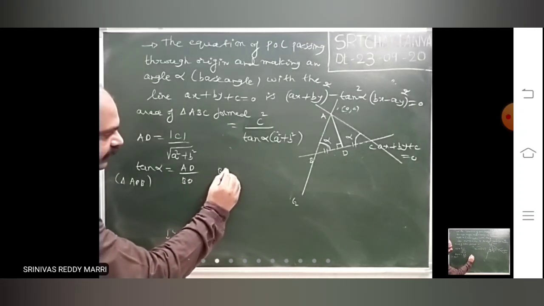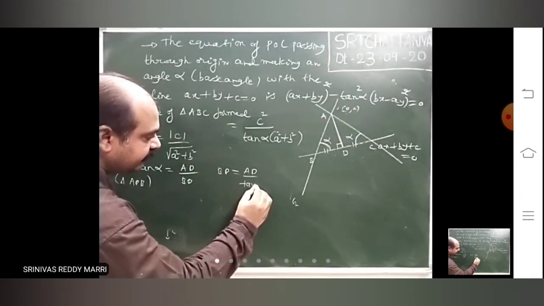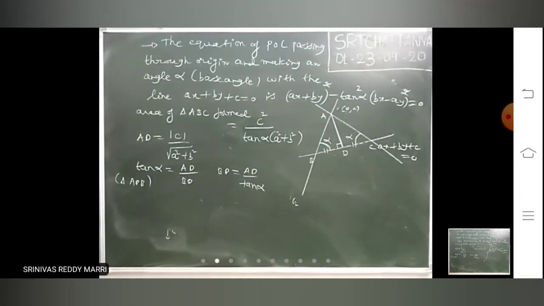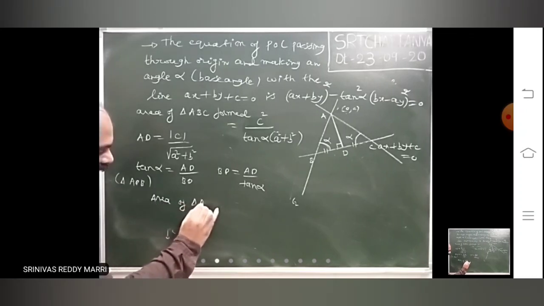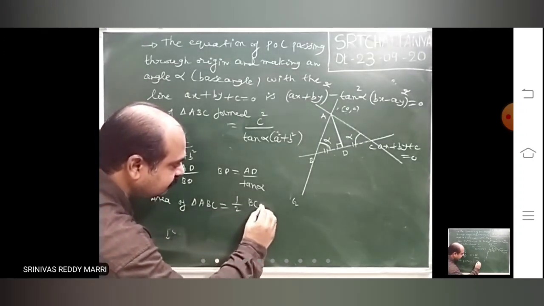So BD is AD divided by tan alpha. Now the area of triangle ABC is half base into height.